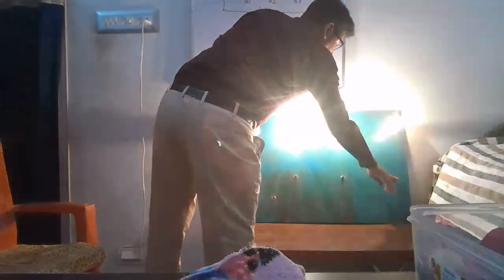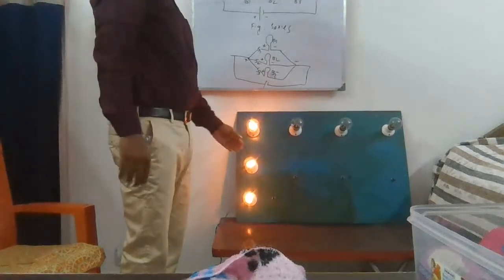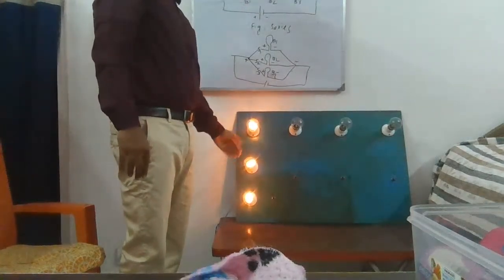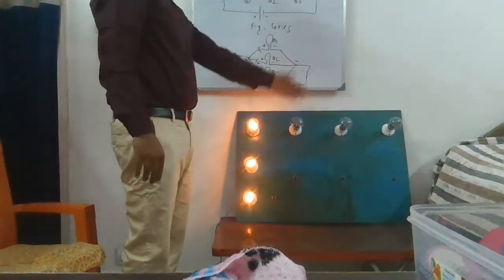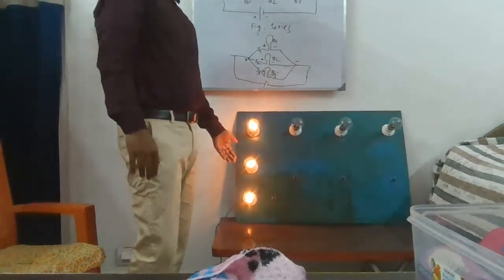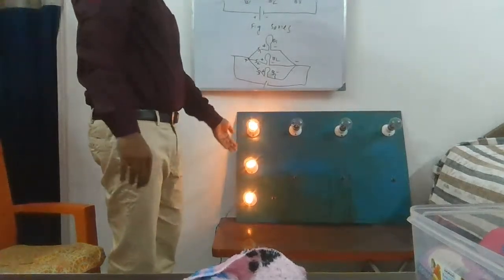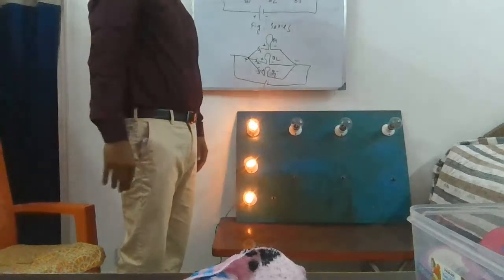At the same time, the same voltage is applied here. The bulbs are of the same wattage, all are 100 watt. These six bulbs are all 100 watt. I purchased all six bulbs for the same amount of money, and when I connect in series, it glows with less power. When I connect in parallel, it glows more.